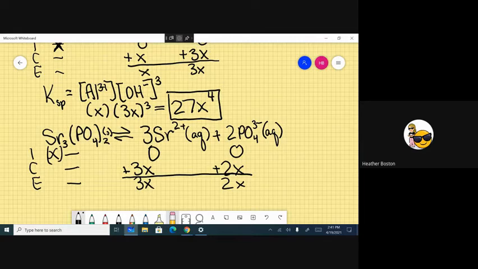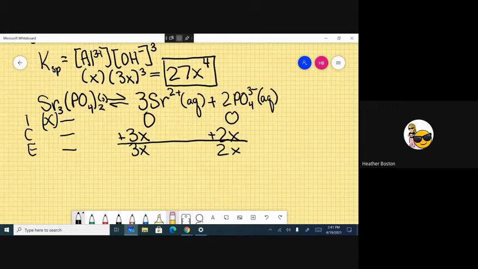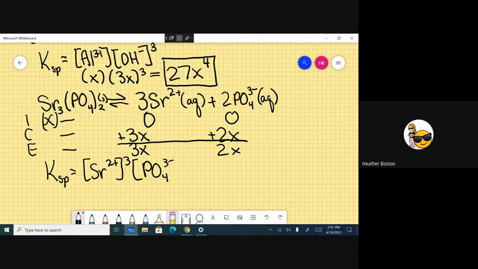Like such. So now let's plug that in. Ksp to the 3rd, phosphate squared.